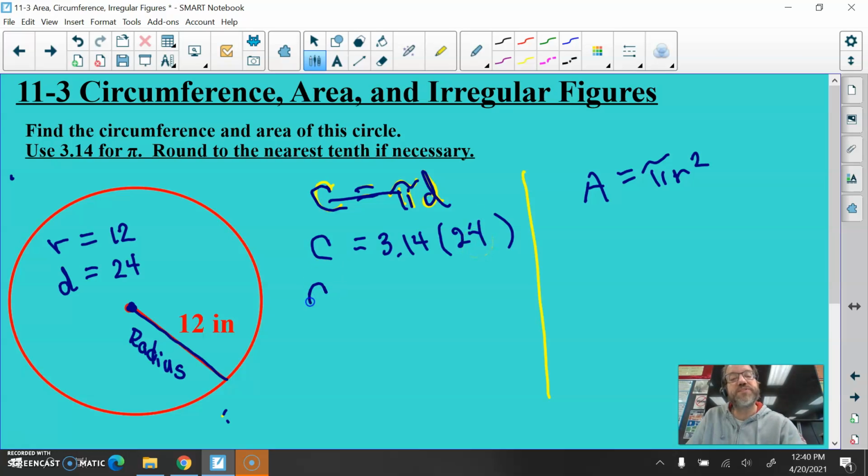So the circumference, C, equals, and now you can go ahead and use a calculator. I have just a regular calculator here, but I'll take 3.14 times 24, and it equals 75.36.